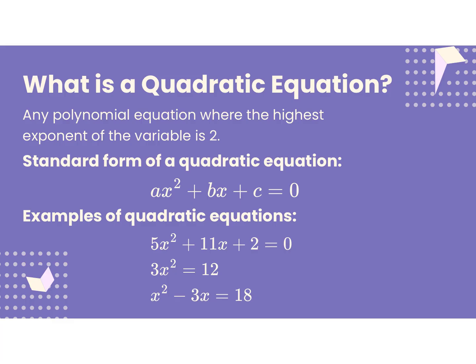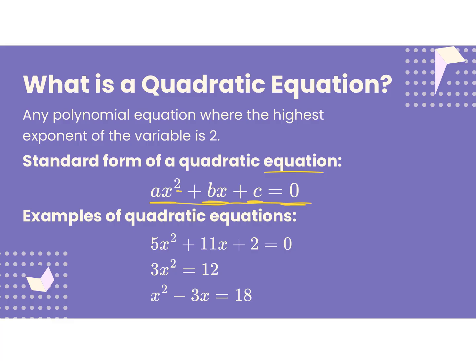Remember, in standard form, in decreasing exponent order, I have the ax squared first, my x term, and then the constant at the very end, equals 0. The only difference between this and what we did weeks ago with polynomials is that now this is an equation, so this time we have something equals something. And the standard form is when it equals zero.